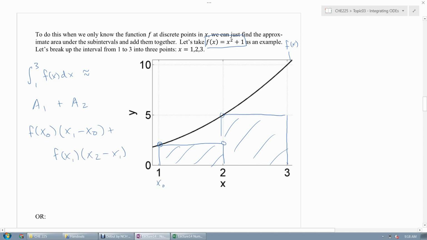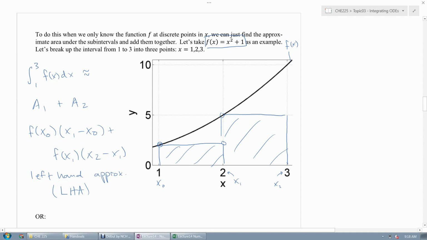Right? So in this particular case, x0 is equal to 1, x1 is equal to 2, and x2 is equal to 3. This is what's known as the left-hand approximation, or LHA.